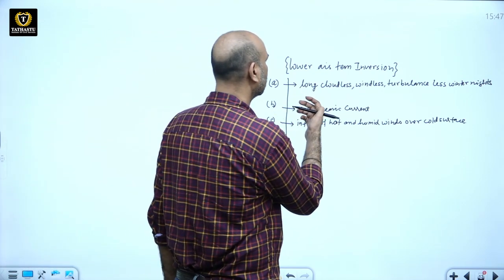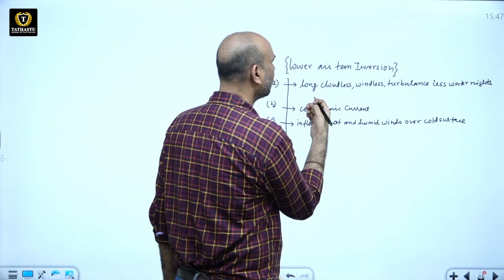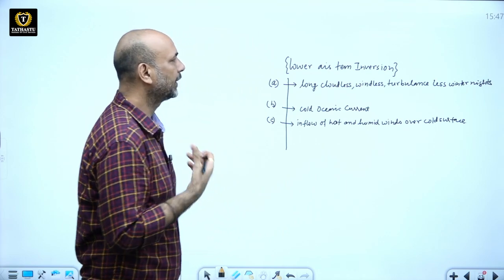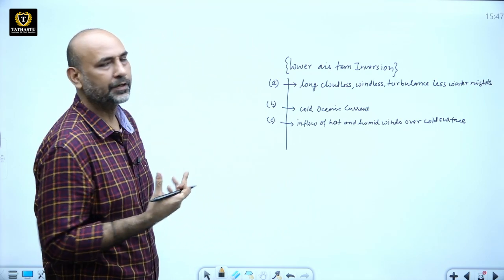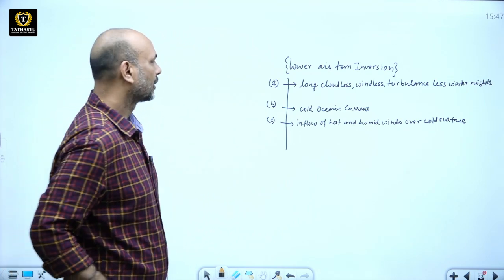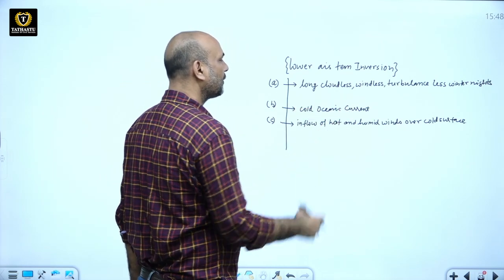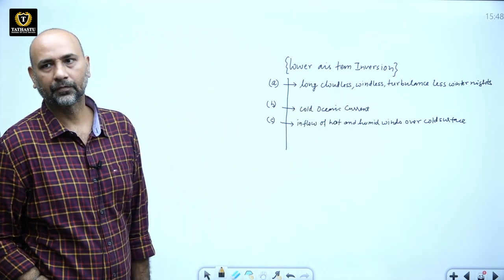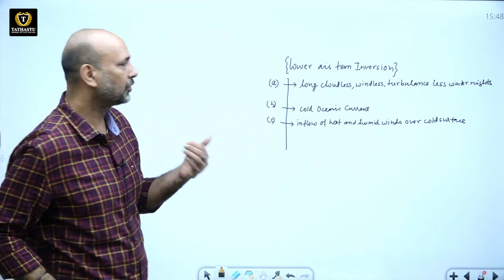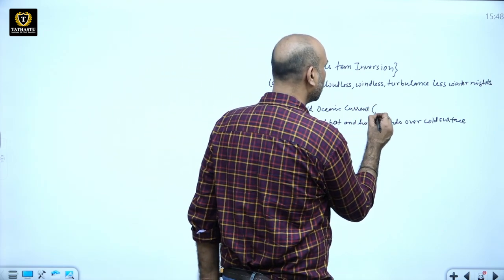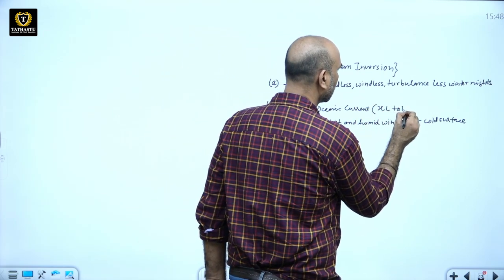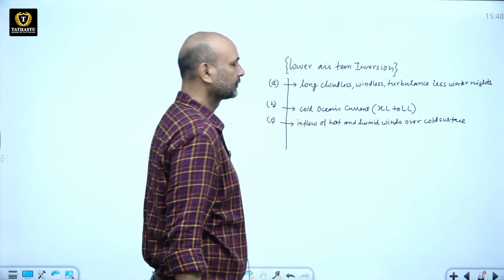First, in the presence of long, cloudless, windless, turbulence-less winter nights. Second, in the presence of cold oceanic current flowing from high latitudes. You know that cold oceanic currents flow from high latitudes to low latitudes.